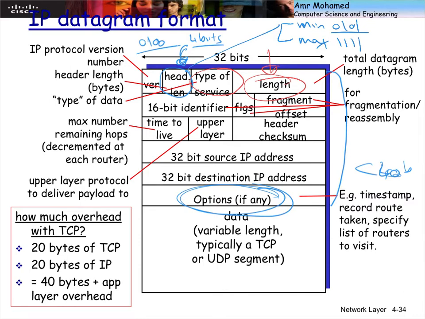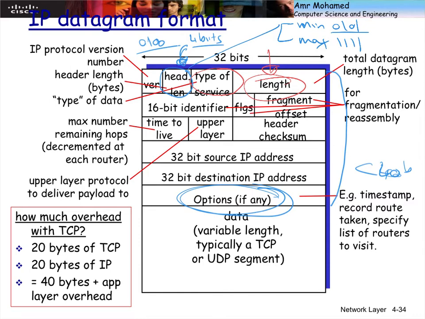Interestingly, if you go back to Network 1 and try to compare the header format of IP version 4 and 6, you see that one of the main objectives of IP version 6 is to make the header format much simpler. So it's designed based on all the lessons learned from IP version 4.